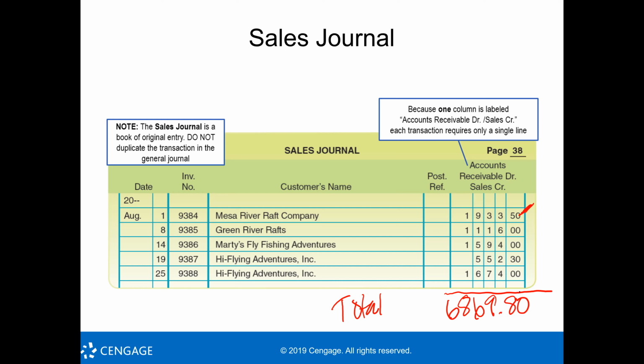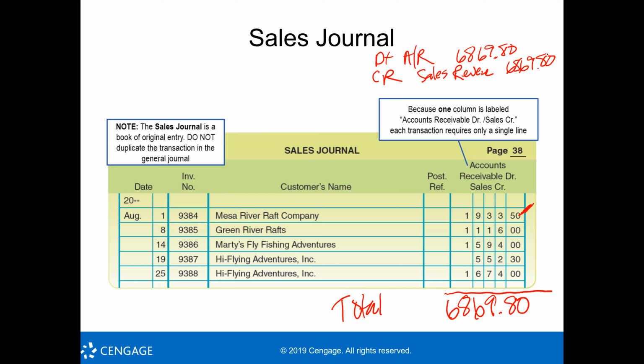And that would be, like, debit accounts receivable 6869.80, credit sales revenue, or simply sales, 6869.80.